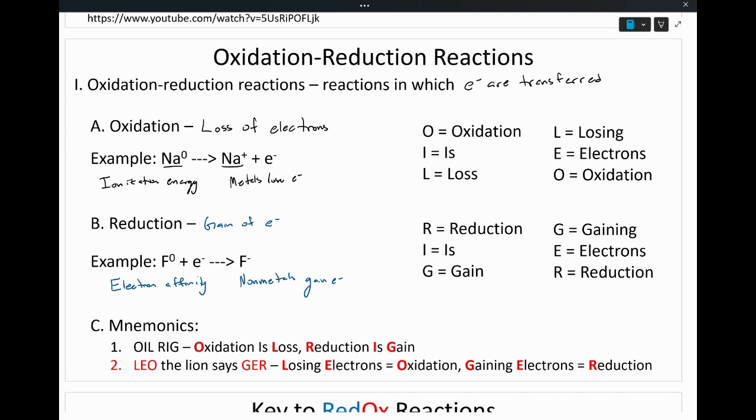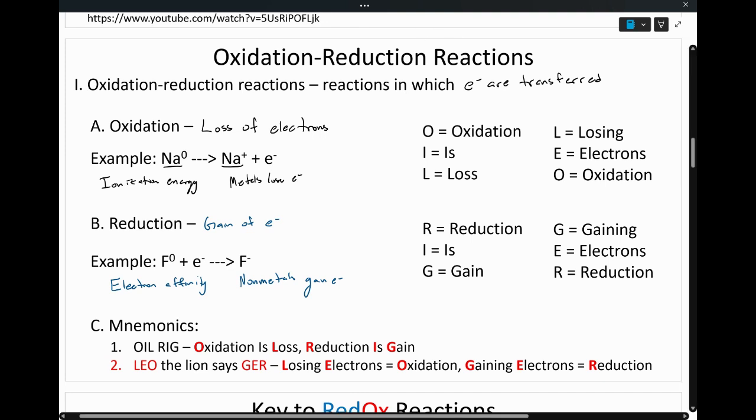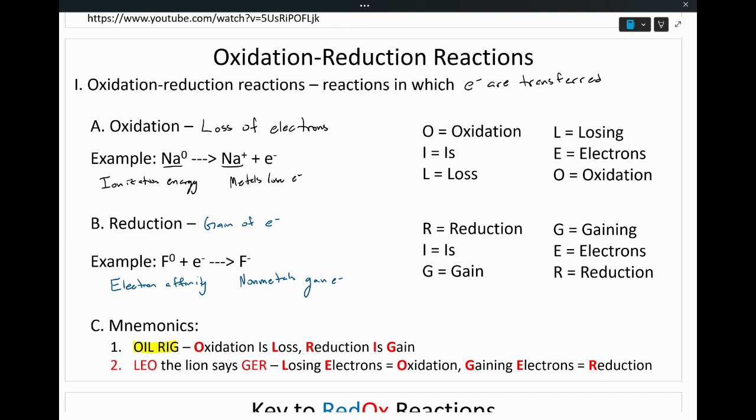And if we want to remember what oxidation is and what reduction is, we can use one of two mnemonics. We have OIL RIG, which says that oxidation is loss, reduction is gain, and we can go up to each of our things before, looking at OIL RIG right here in yellow, where oxidation of sodium was the loss of electrons.